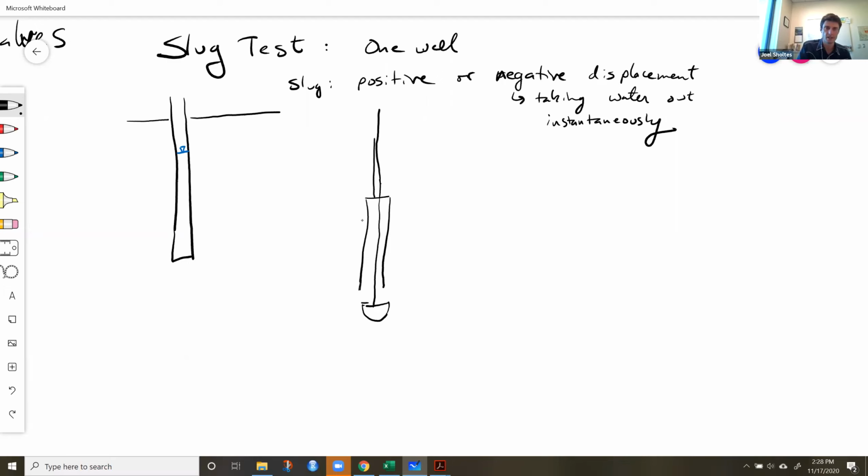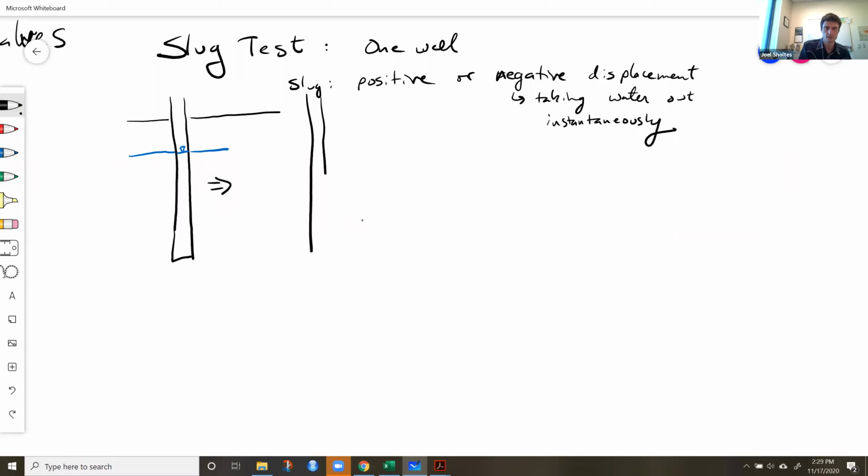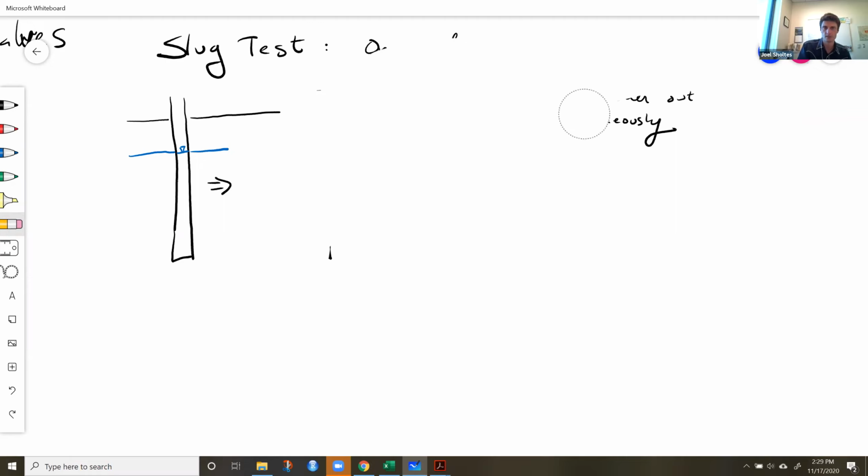So before you put the baler in, the water level is looking like this. And then this is not a different well, this is just kind of in the next time step here. Actually, I'm running out of room here. Okay, we're gonna zoom into this well.